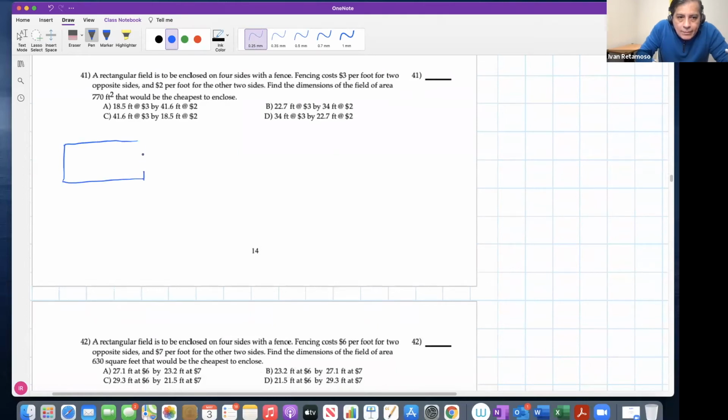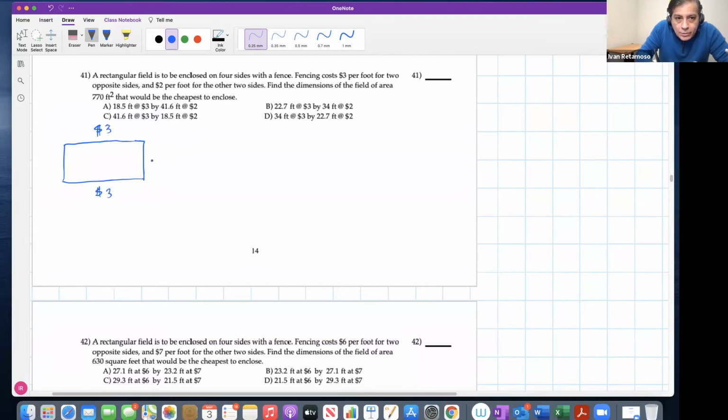There's a rectangular field here. Now notice that the cost for this part and this part is not the same as the cost for this part. So I shouldn't expect this to be a square anymore. But one thing I can do is look, since we are trying to minimize the cost, it would make sense to spend on the longest side, the most expensive material, $3 per foot here, $3 per foot here.